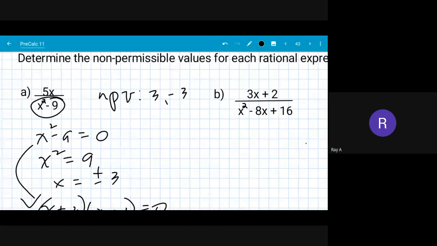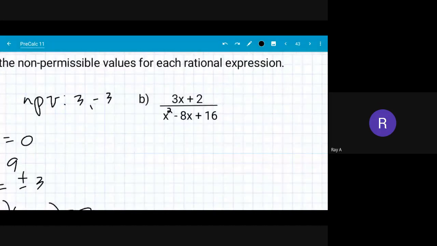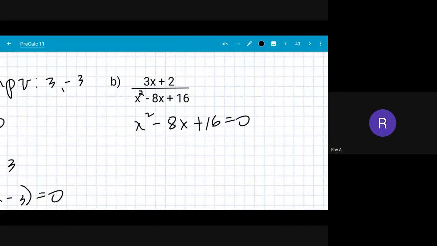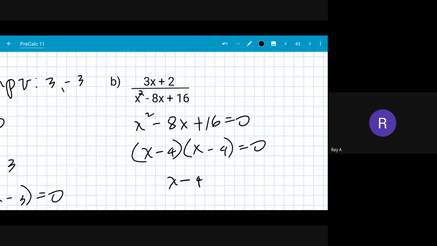3x plus 2 over x squared minus 8x plus 16. So again, make the denominator equal to 0. x squared minus 8x plus 16 is 0. Oh, wait a minute. This is a nice trinomial. I don't know if you noticed that. That is x minus 4 times x minus 4. Or that is just x minus 4 squared, isn't it?